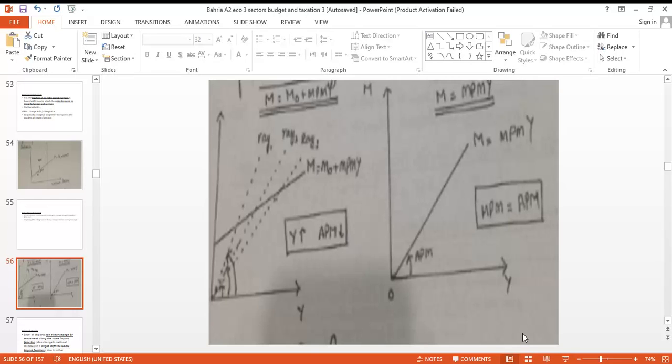So when your import line hypothetically originates from the origin, in that situation your MPM becomes exactly equal to APM. Just keep that rule in mind: once your autonomous import becomes zero, then the MPM becomes equal to APM.